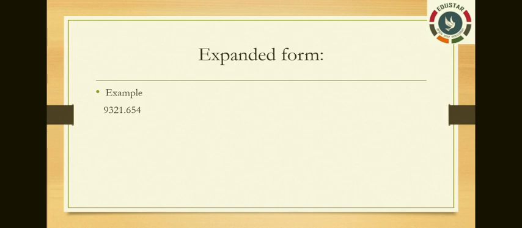Next topic, expanded form. Example: 9321.654. Step 1. First find the place value of each digit. Place value of 9 is 9000. Place value of 3 is 300. Place value of 2 is 2 tens. Place value of 1 is 1 ones. Then next, the decimal part.